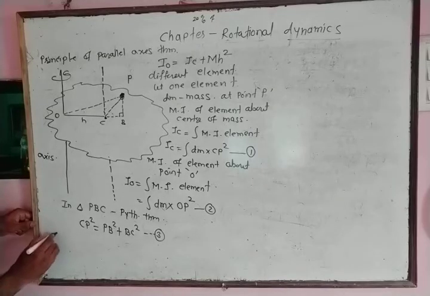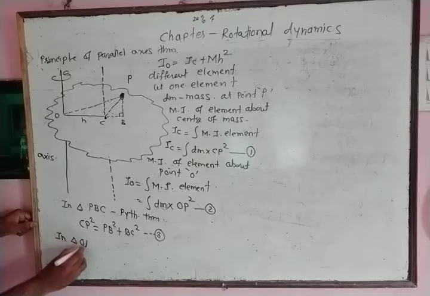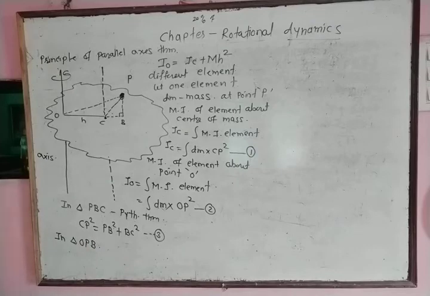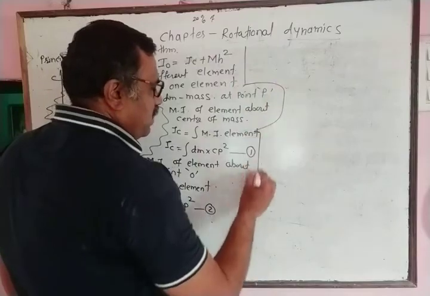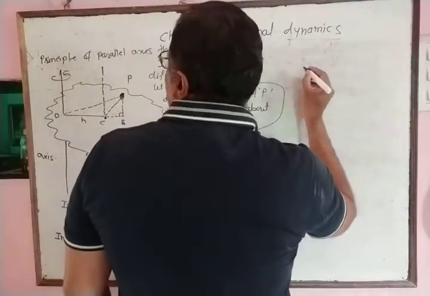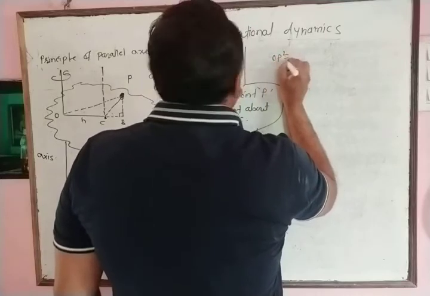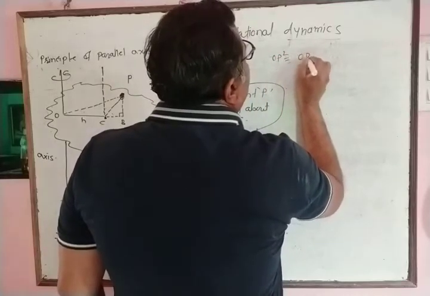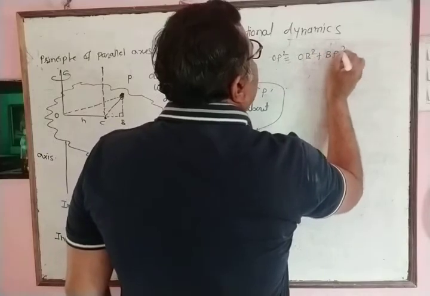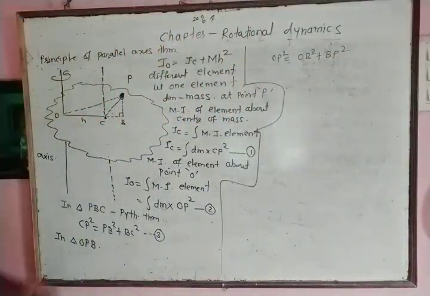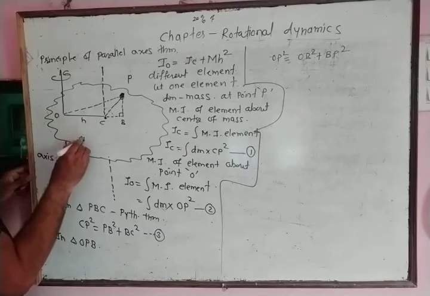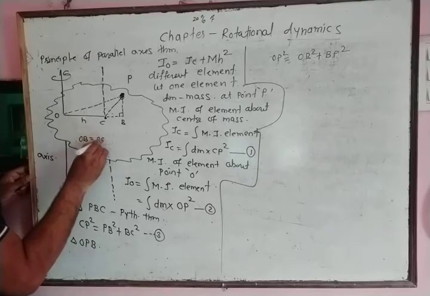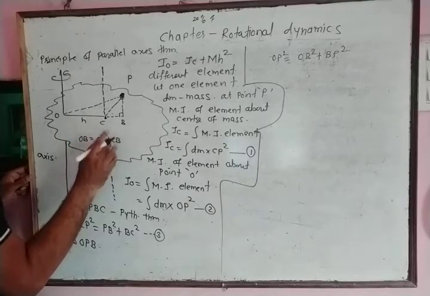Now consider the second triangle. Consider triangle OPB. Again we apply the Pythagoras theorem. Therefore, we get OP square is equal to OB square plus BP square. Now here, we can observe that distance OB is equal to OC plus BC.